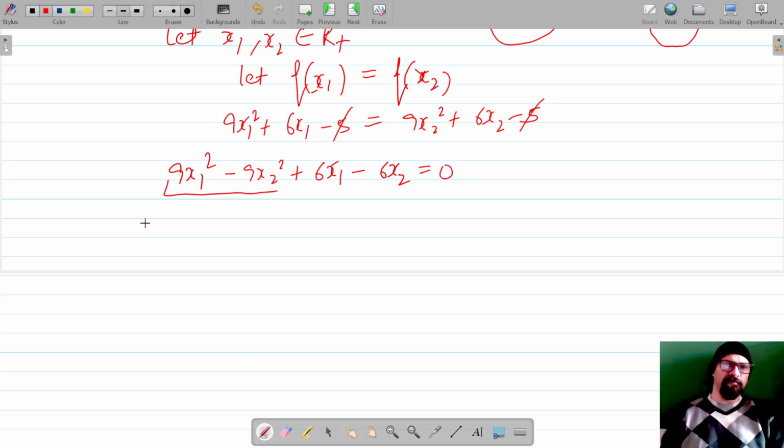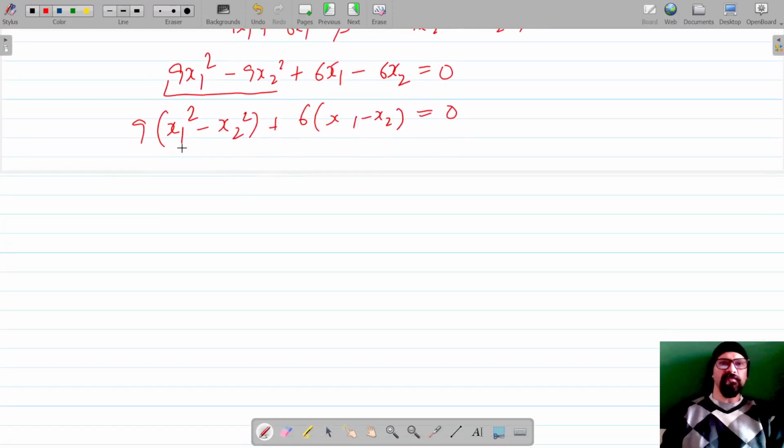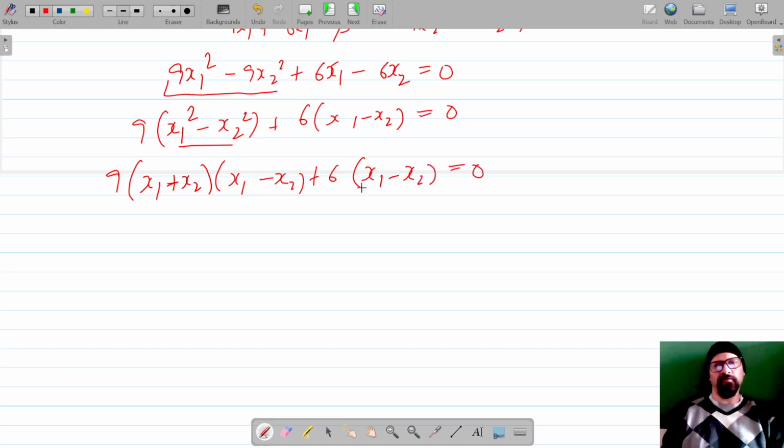For these, the common factor is 9, and for these the common factor is 6. Then a squared minus b squared gives a plus b into a minus b, so 9 into (x1 plus x2) into (x1 minus x2), plus 6 into (x1 minus x2) is equal to 0.